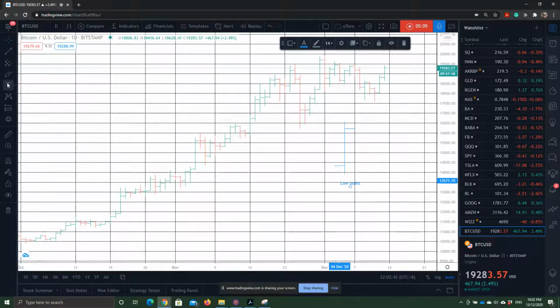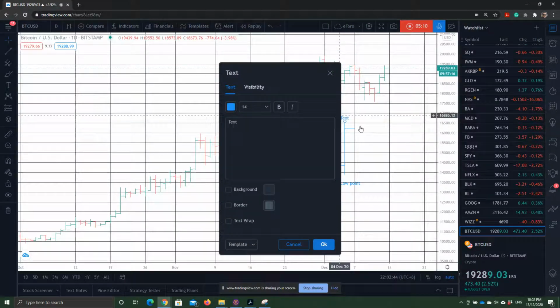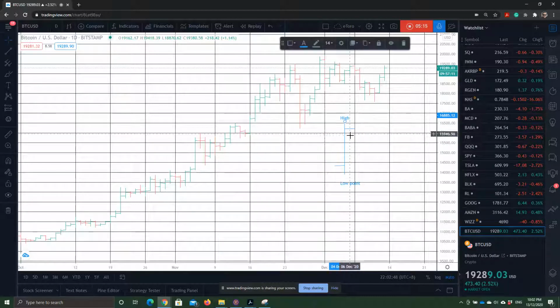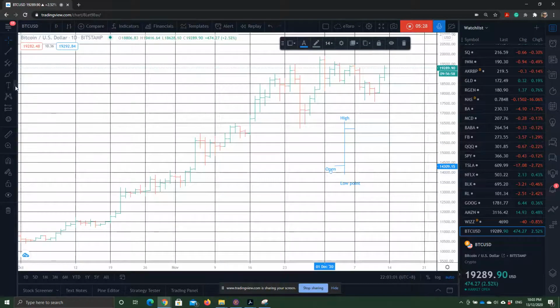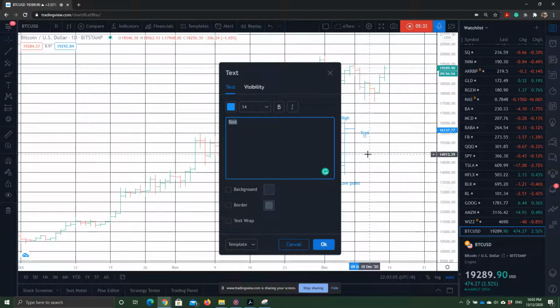Then here you can see the high. But what are these two? This is the open, and you can see the close here.